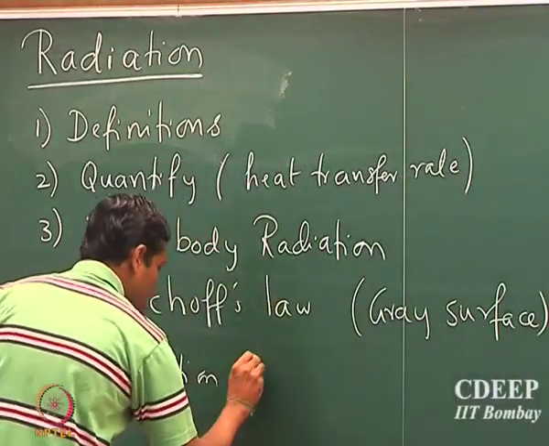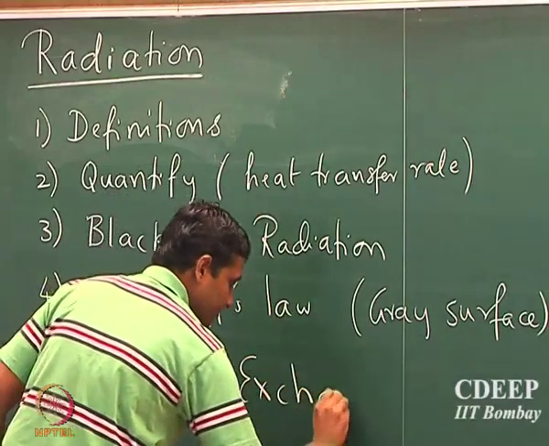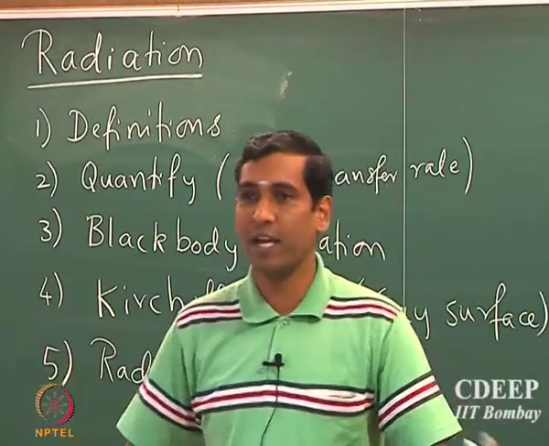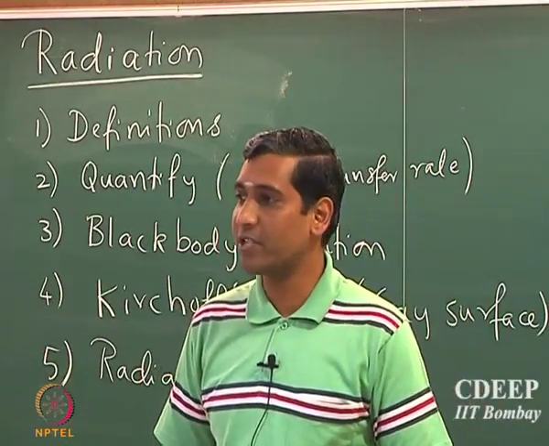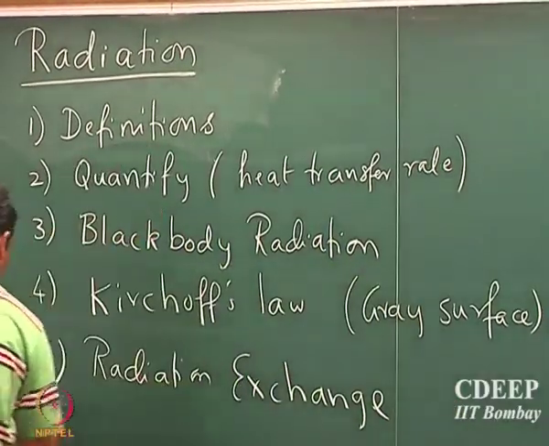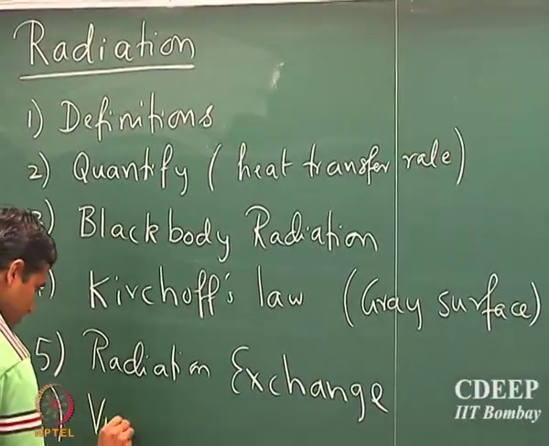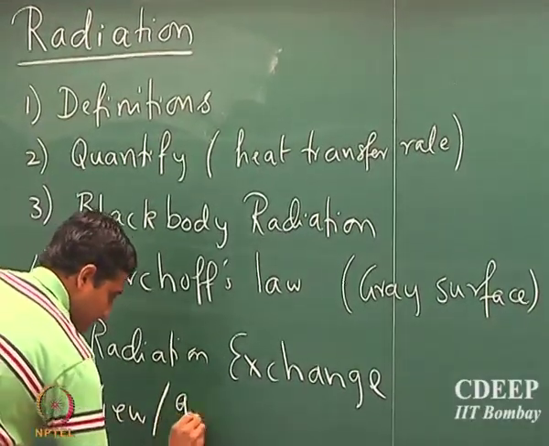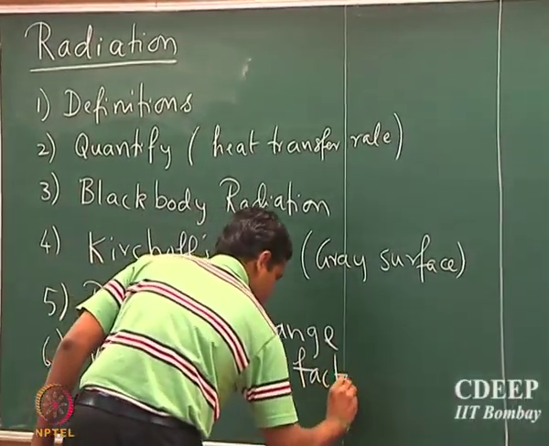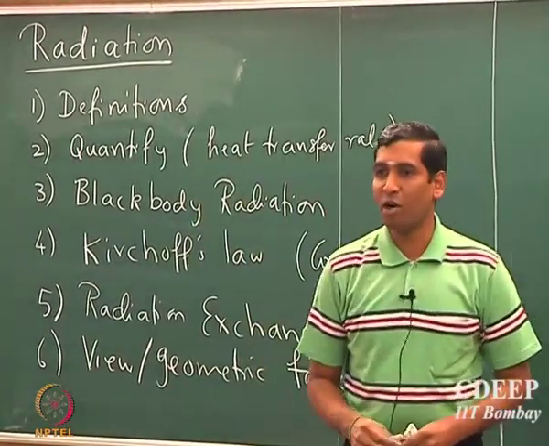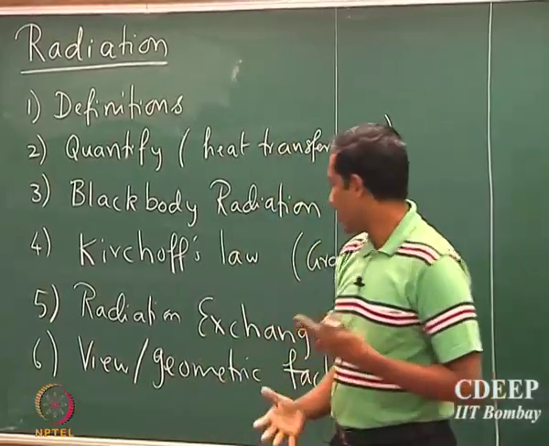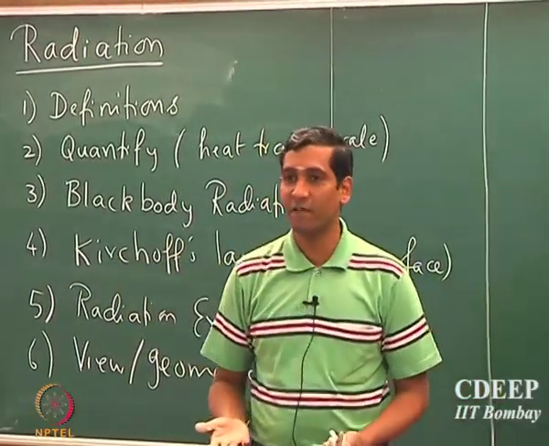And then the fifth aspect is we will look at radiation exchange. Supposing there are multiple objects, how do these objects exchange radiation between themselves, etc. And while doing that, we will also look at something called the view factor or geometric factor, because the radiation is now going to depend upon the orientation of these different objects.